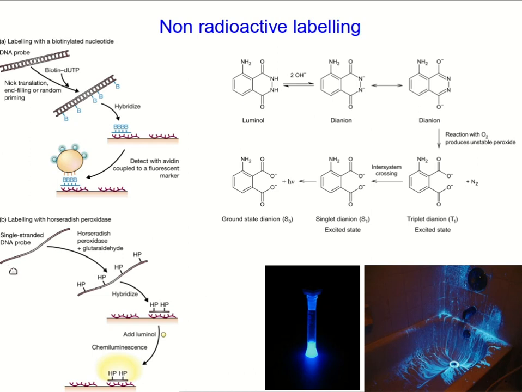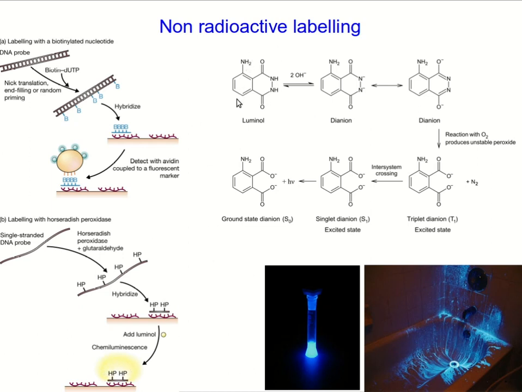Alternatively, the DNA can be labeled directly with an enzyme. In this example here, horseradish peroxidase is glued to DNA by a molecule called glutaraldehyde, which acts as a kind of glue. This means that the specific DNA of interest is labeled with this enzyme, and this enzyme is easily detectable by a reaction that produces light.